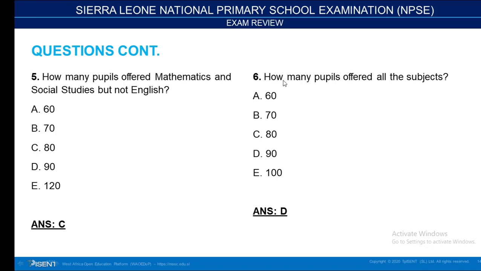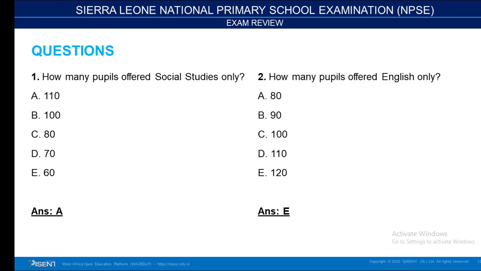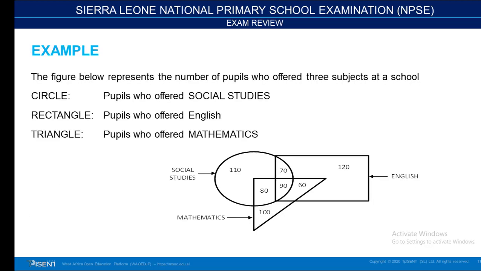Next, how many pupils offered all the subjects? That is those who are found inside the rectangle, inside the triangle, and inside the circle. We go to our shapes. Look. We look at 70.